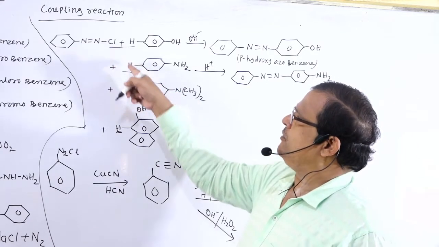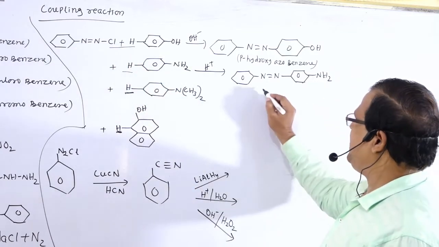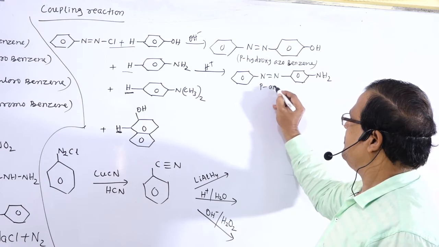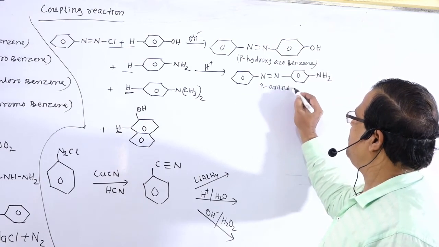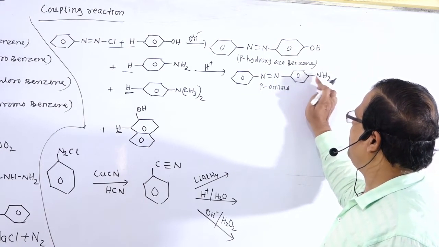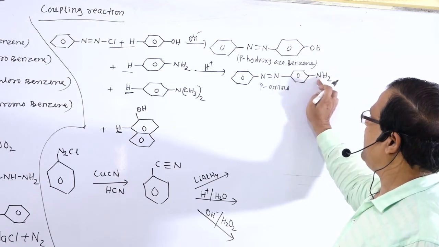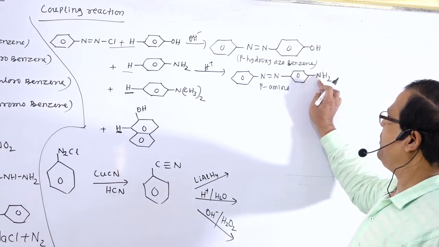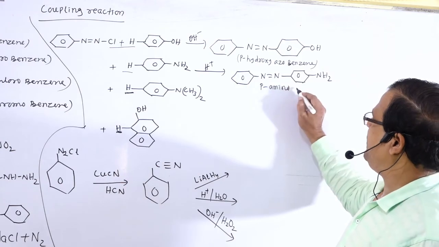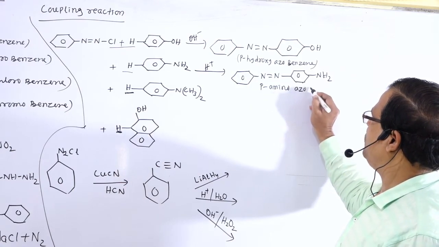H and Cl removed in the form of HCl, there is the formation of para-amino azobenzene, with the para position containing the NH2 group.